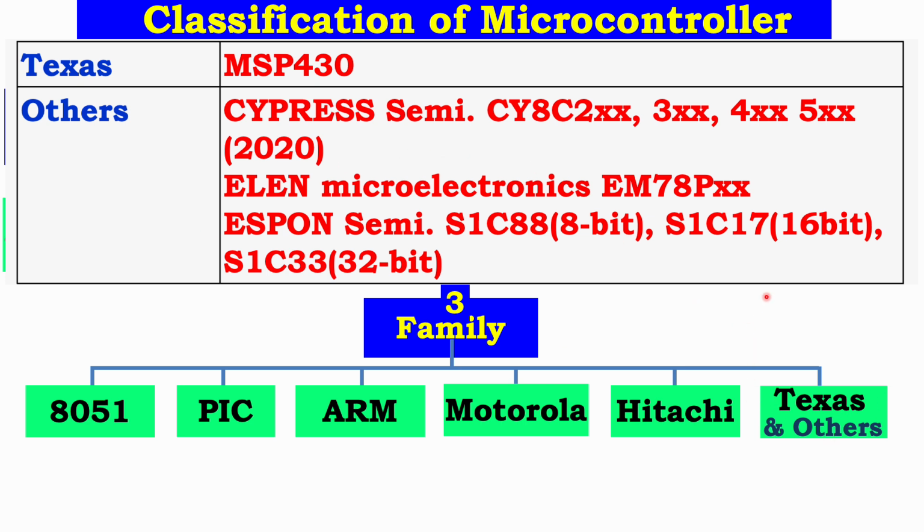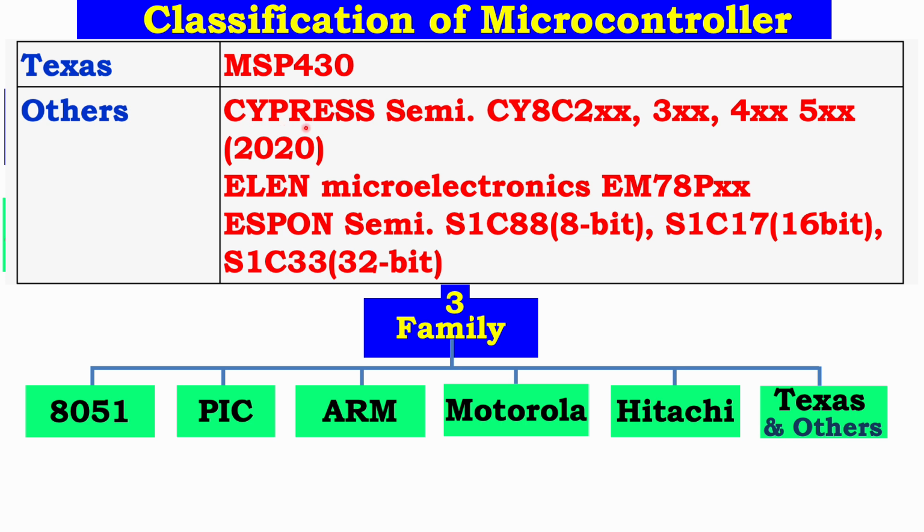Texas Instruments also manufactured microcontrollers, with the MSP 430 series. And the sixth type is microcontrollers manufactured by many other companies that followed, starting from the 8051. As I already said, all the remaining companies follow to make microcontrollers, and there are many other firms manufacturing microcontrollers.